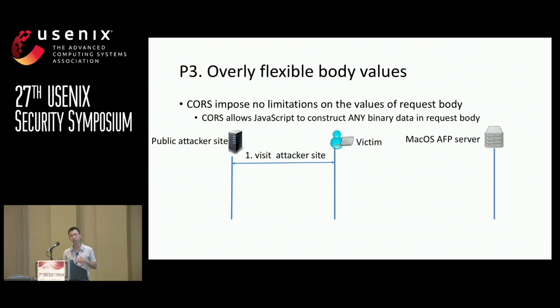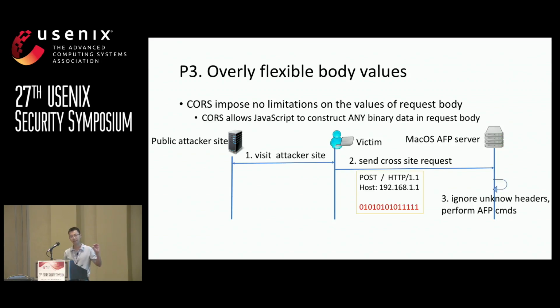In this case, we found the macOS built-in Apple file server, the AFP server. The attacker can craft a malicious request, making the header to be ignored by the AFP server, and constructing its binary body for communication with the AFP server.